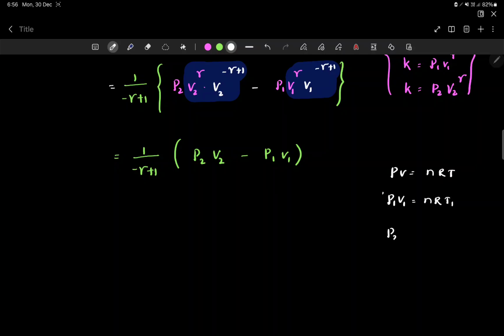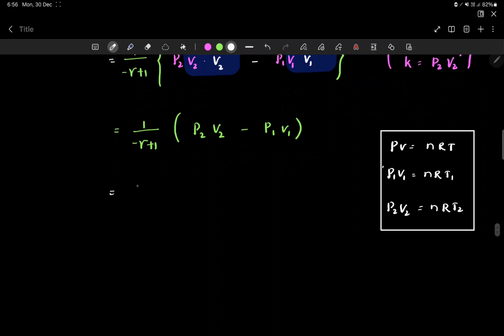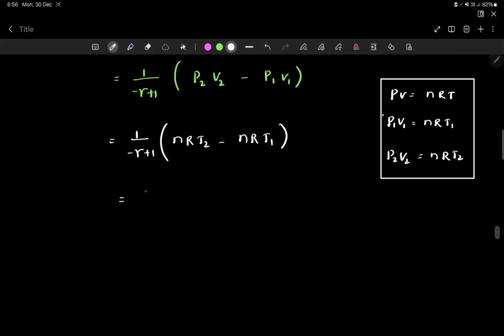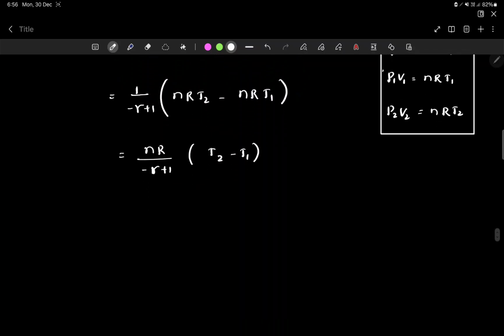Also when pressure is P2, volume is V2 and temperature is T2, P2 V2 equals nRT2. So the final answer will be 1 by minus gamma plus 1, instead of P2 V2 we can write nRT2, minus instead of P1 V1 nRT1. Then taking nR common, nR by minus gamma plus 1 into T2 minus T1.